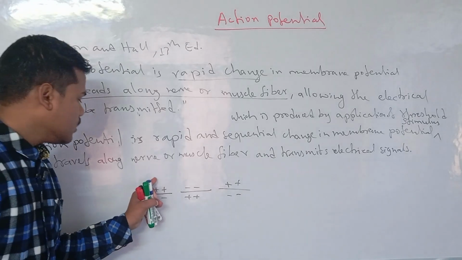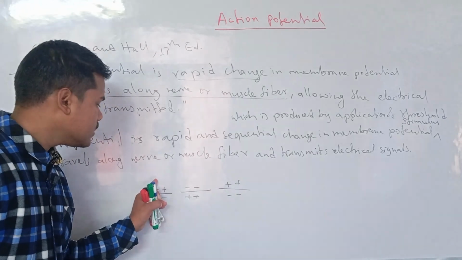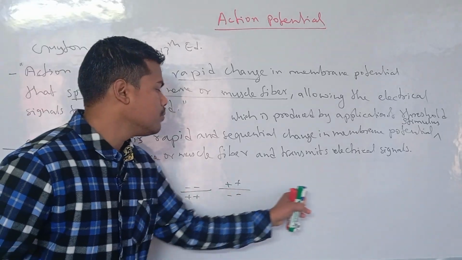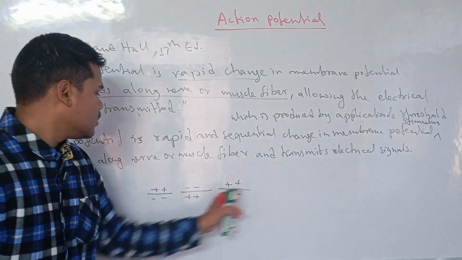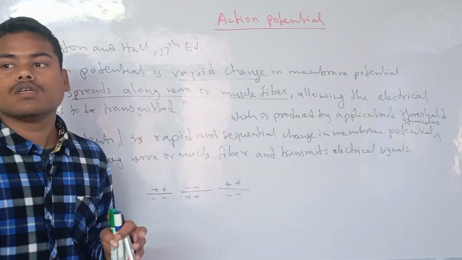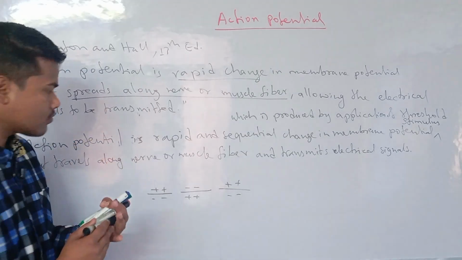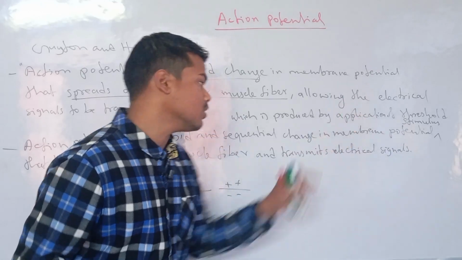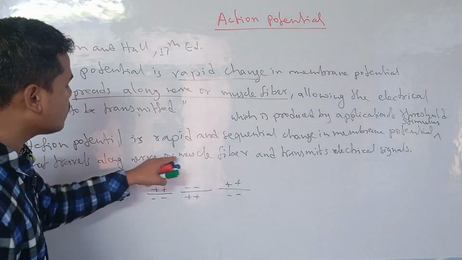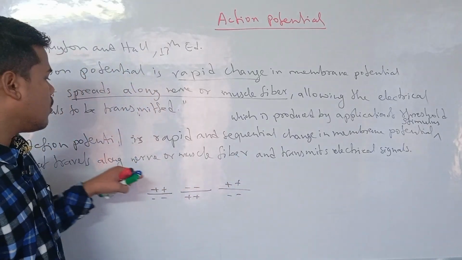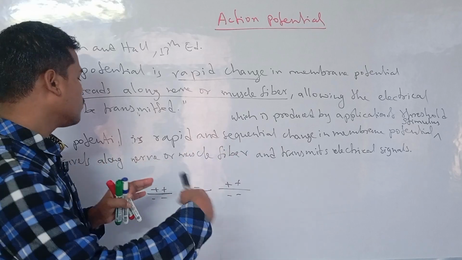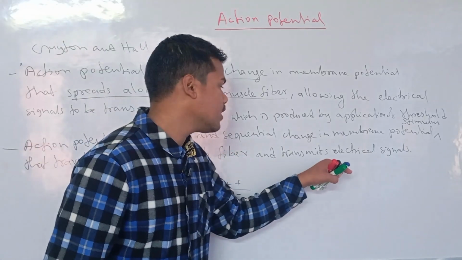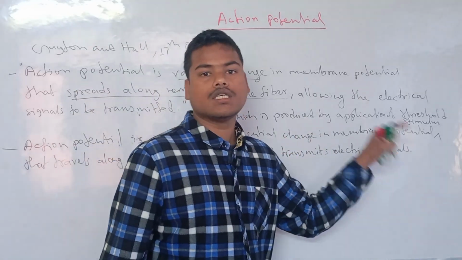That is resting phase, depolarization and repolarization, and this phenomenon repeats so forth. So this is in sequence, hence called sequential change in the membrane potential, and that travels throughout the membrane of the nerve or muscle fiber, and the function is transmission of the electrical signals.